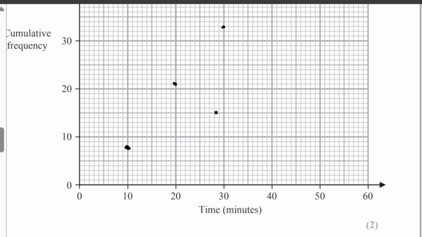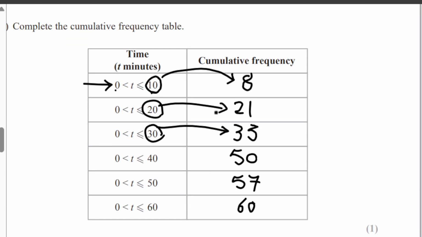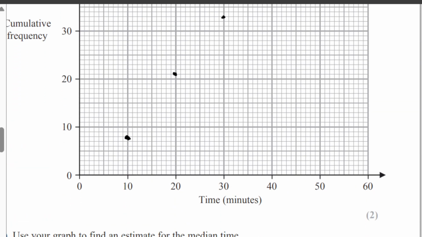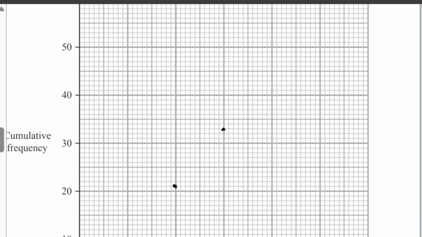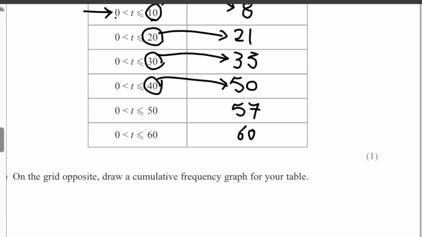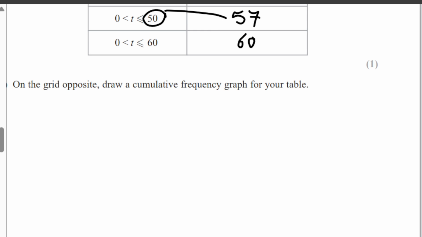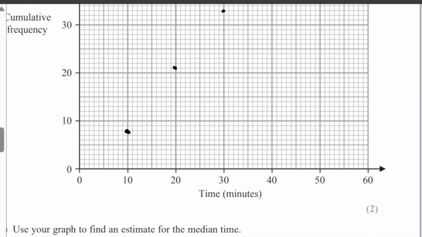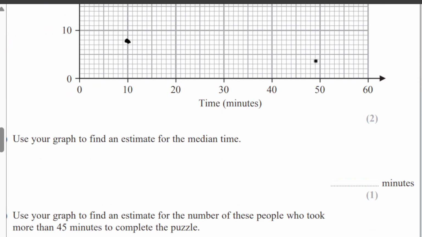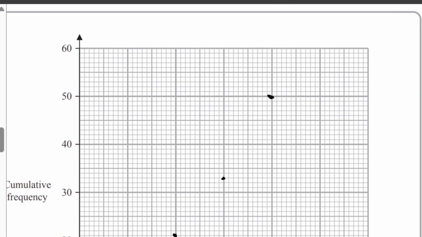Then 40 and 50, I think this is going to be easy. 40 is here and 50 is here. So this is 40 and 50. Then 50 and 57, and finally 60 and 60. 50 is here and 57. 57 is going to be 56, 57, and finally 60 and 60.